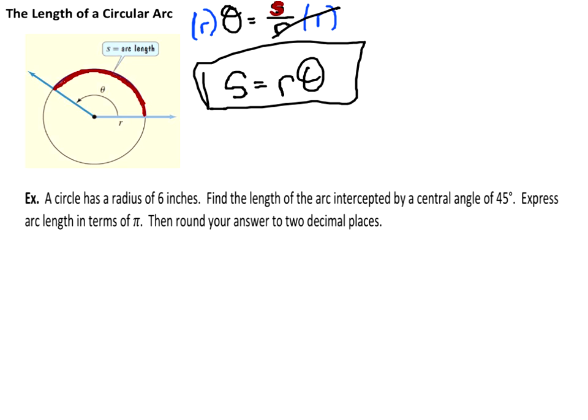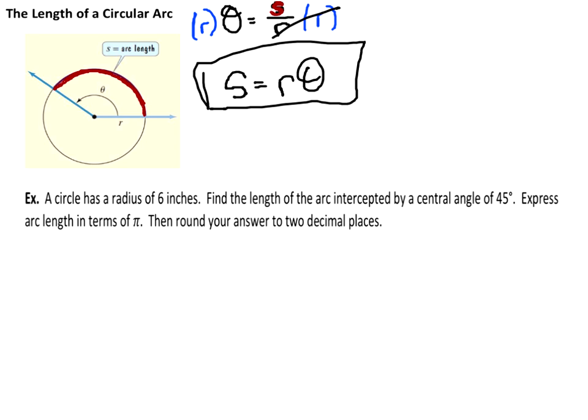So big, tough derivation of a formula there. Nice and neat, hopefully easy to understand. This is how you get the arc length: you simply multiply the angle measurement by the radius.